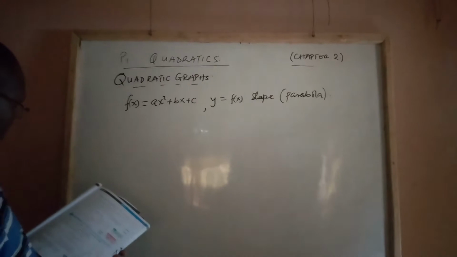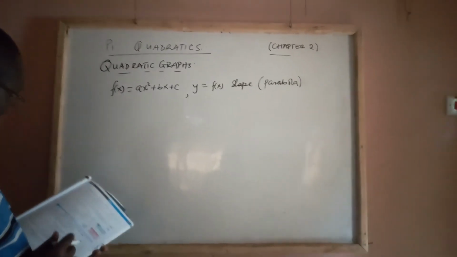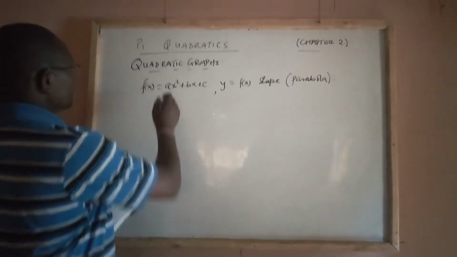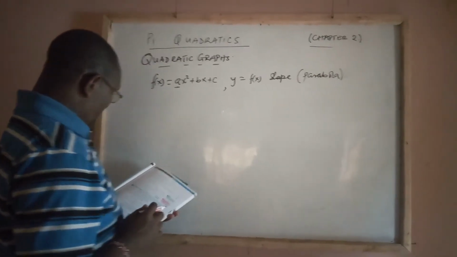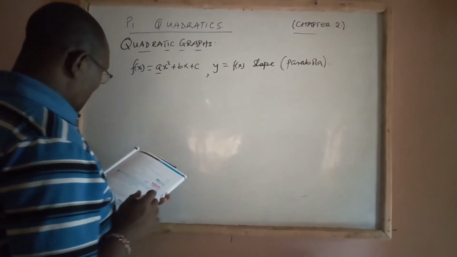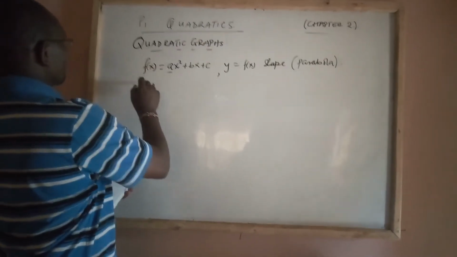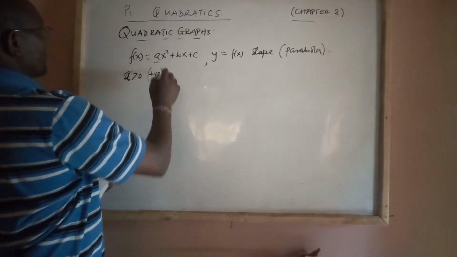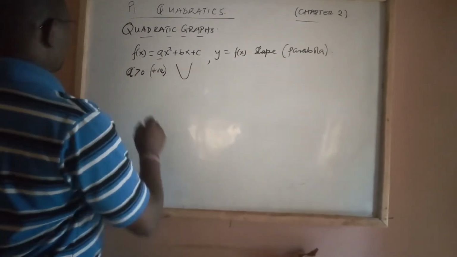You can sketch a quadratic graph by identifying key features. The coefficient of x squared, which is actually the value of a, determines the overall shape of the graph. When a is greater than 0, or rather when a is a positive value, then we have a parabola shaped that way.